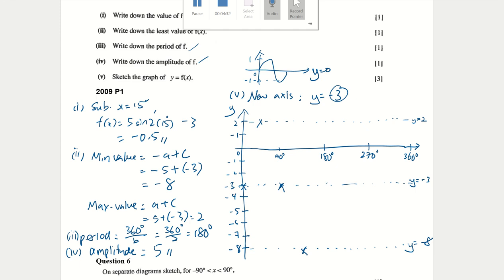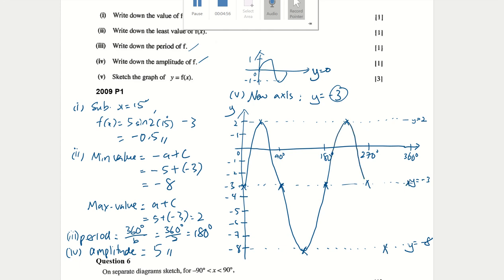Then I go back to the axis at 180 degrees. Okay, so the graph looks like this. Continuing, because I have another cycle between 180 and 360, I continue to a maximum here, go down to the axis here, then to the minimum here, and then back to 360.